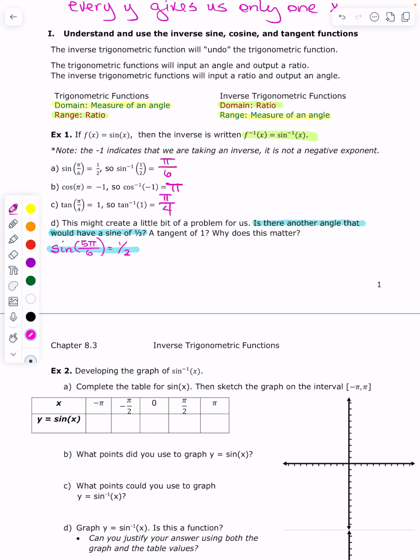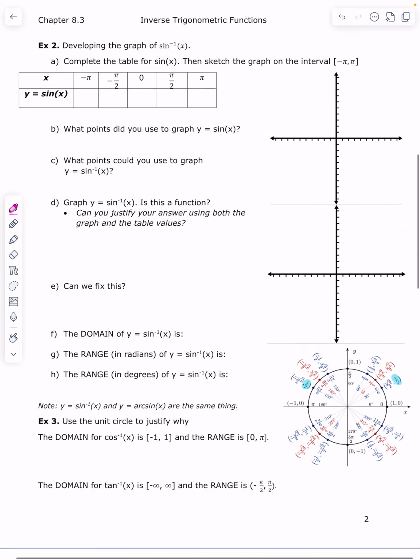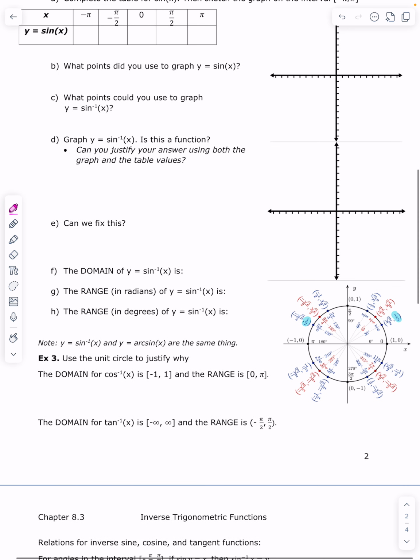Okay. Second question was about our tangent of 1. Tangent's going to be positive 1 where our cosine and sine are the same. That also happens in quadrant 3.